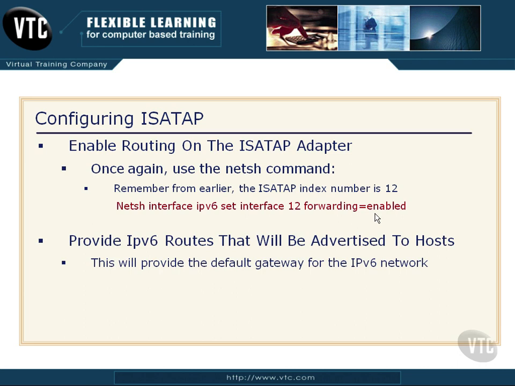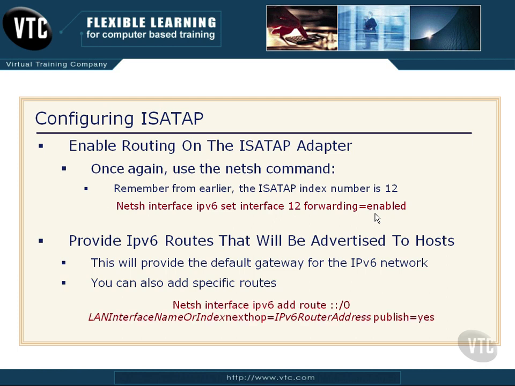Here, for an example, I'm just going to show you how to provide the default gateway that will get the traffic to the IP version 6 network. You can also add specific routes, but I won't confuse you with that. This is the structure of the command: netsh interface IPv6 add route. And this is like the standard default gateway address.